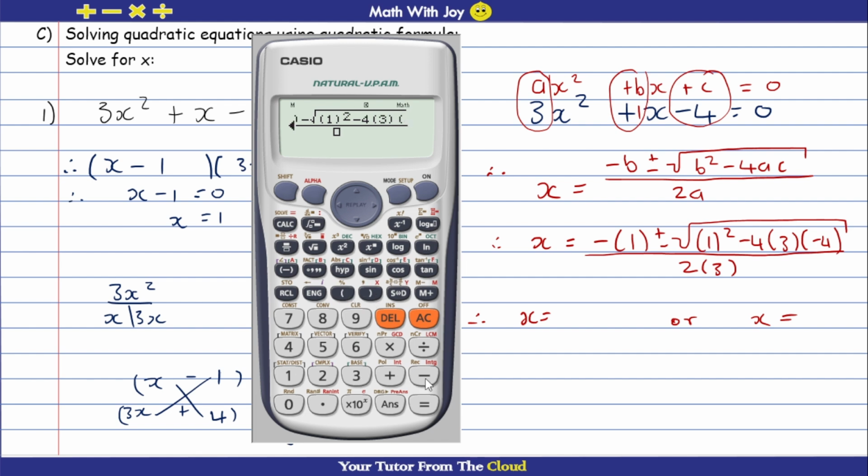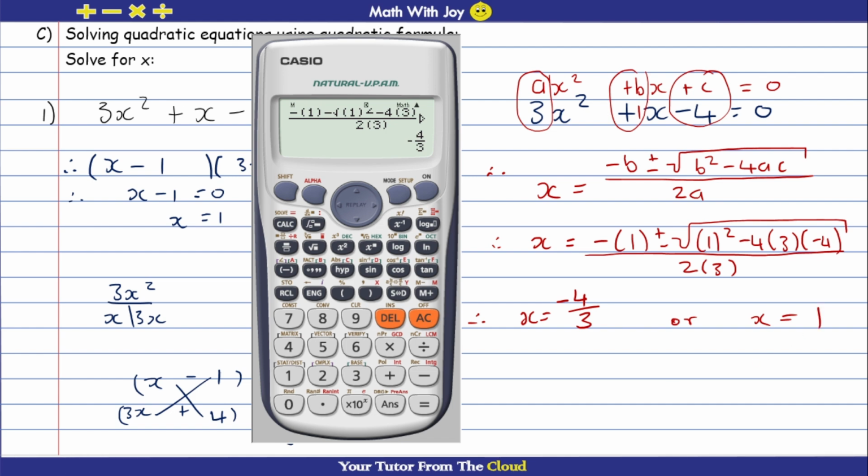I think that's why you would use a calculator with the quadratic formula. Then you say 2 bracket 3, and our first answer is negative 4 over 3. So let's put that down, negative 4 over 3, and the other answer will be 1.